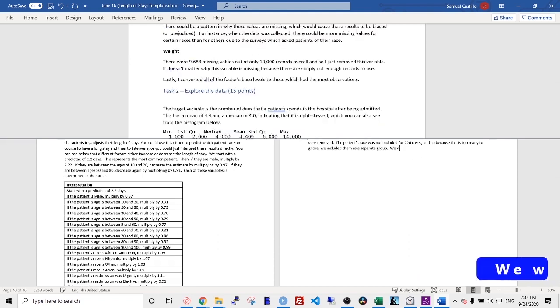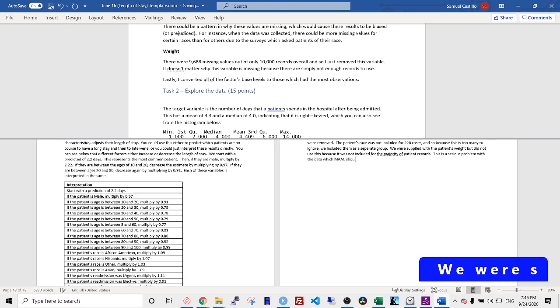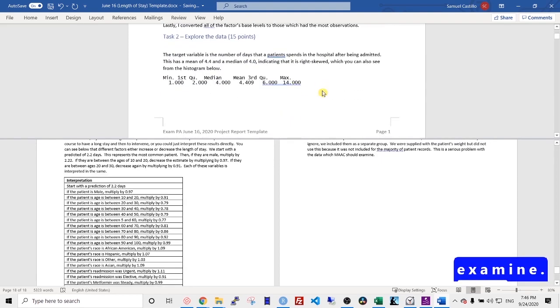We were supplied with the patient's weight, but did not use this because it was not included for the majority of patient records. This is a serious problem with the data which MAC should examine. Then we conducted task 2, which is explore the data.